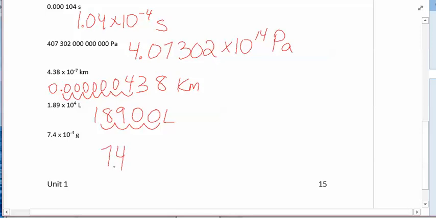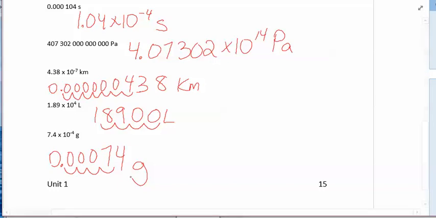Our decimal was between the 7 and the 4. It's a negative exponent, so it's going to be moving this way. 1, 2, 3, 4. So it again ends up being a small number, and this is in grams. On quizzes and tests, writing your units in these sorts of problems is worth points, so you want to make sure that you do it, as well as clearly writing your exponents.